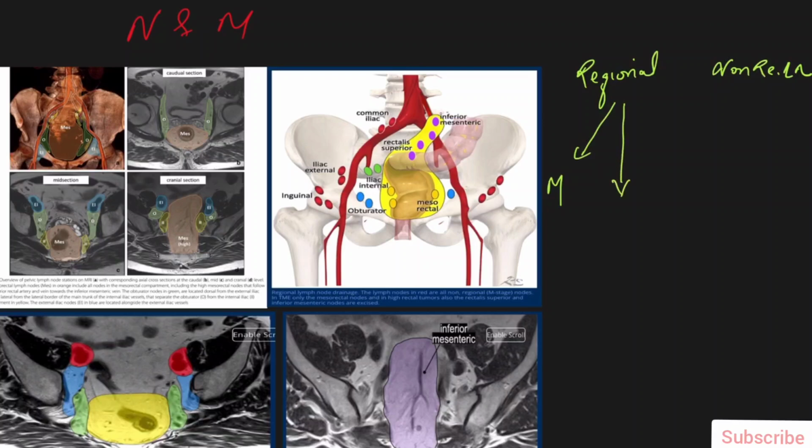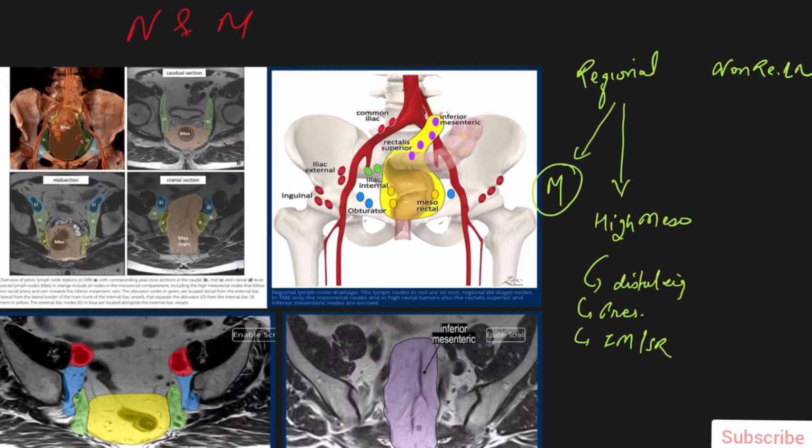Next is high mesorectal, especially in cases of high CA rectum, which includes the lymph nodes in the mesocolon of the distal sigmoid, presacral, and along the inferior mesenteric and superior rectal vessels.